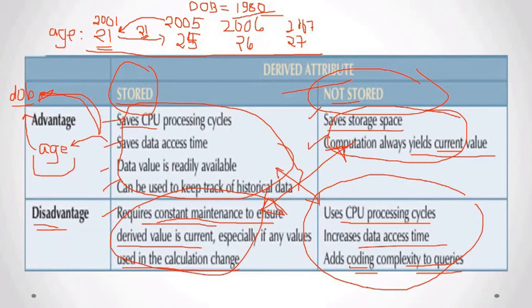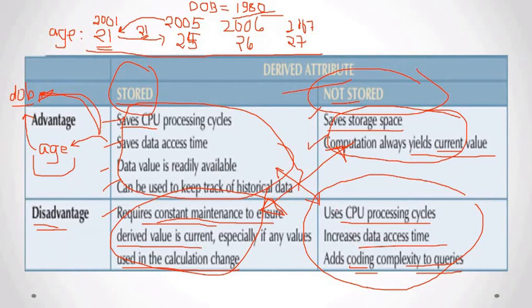So just weigh in between these two advantages and disadvantages. So probably if you seldom need that data, then probably don't store it. But if you constantly are using it, then probably store it.